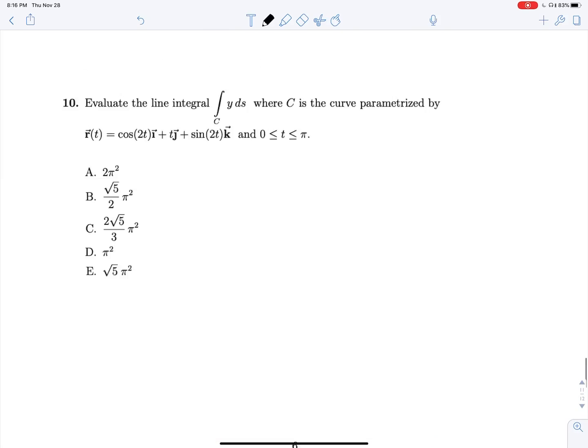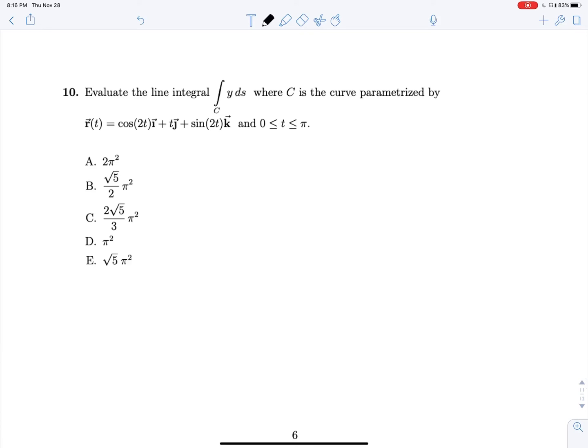Okay, let's see. Ooh, 3 questions left. I thought it was only 1. Let's evaluate this line integral where c is the curve parametrized by this whole thing. We see that it's a line integral ds, so we're going to need the magnitude of r prime of t. We can find r prime of t as a good start to this question. That's going to give us negative 2 sine 2t, 1, 2 cosine 2t.